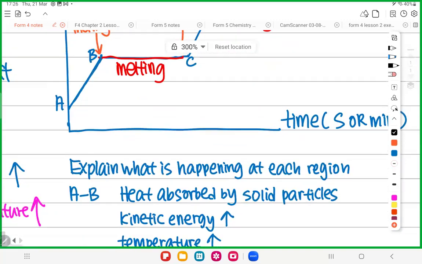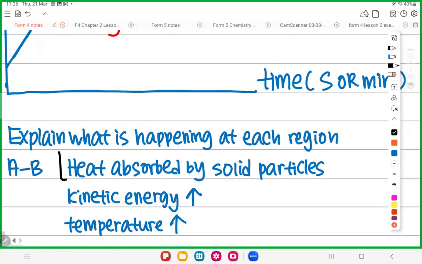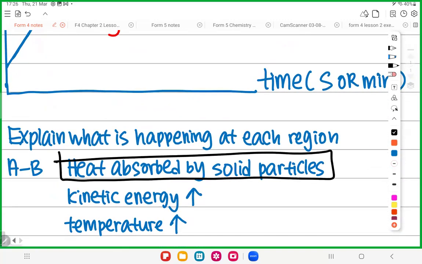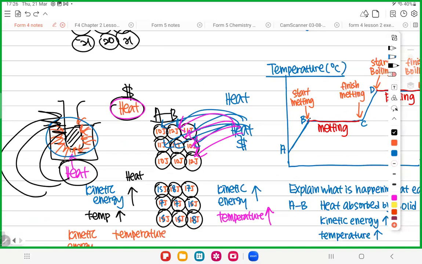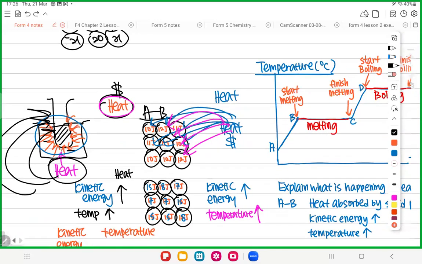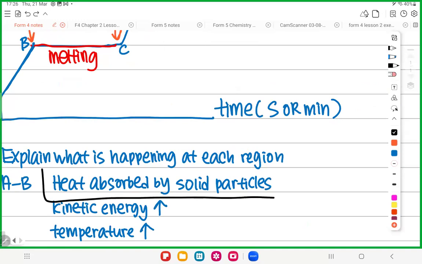It's like this, you see? From A to B, all the heat is absorbed by solid particles. Why solid? Because melting has not started yet. Everything is solid. So all the heat is absorbed by the solid.